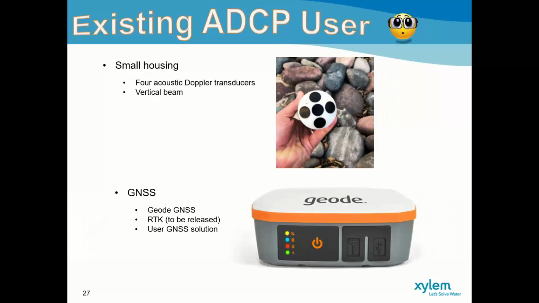Small housing. It is an extremely small housing, 50 millimeters in diameter, and the ability to incorporate 5 transducers in such a small housing is definitely a great feat. It's something to be seen. It is easy to transport and incorporate in existing platforms.